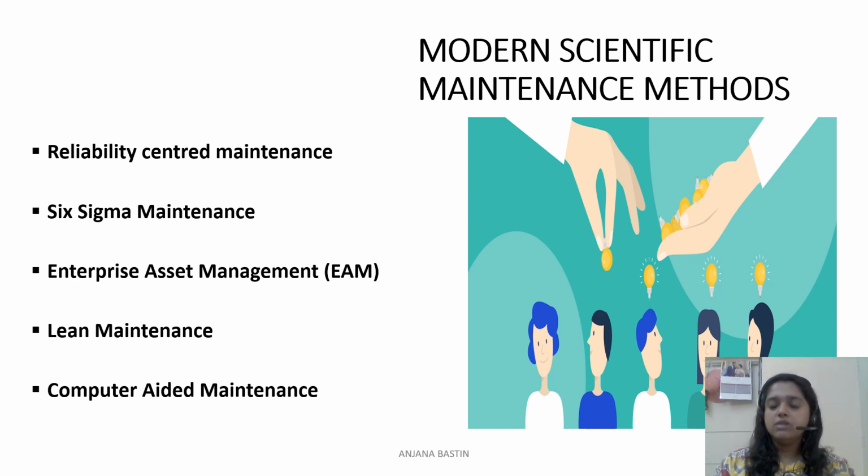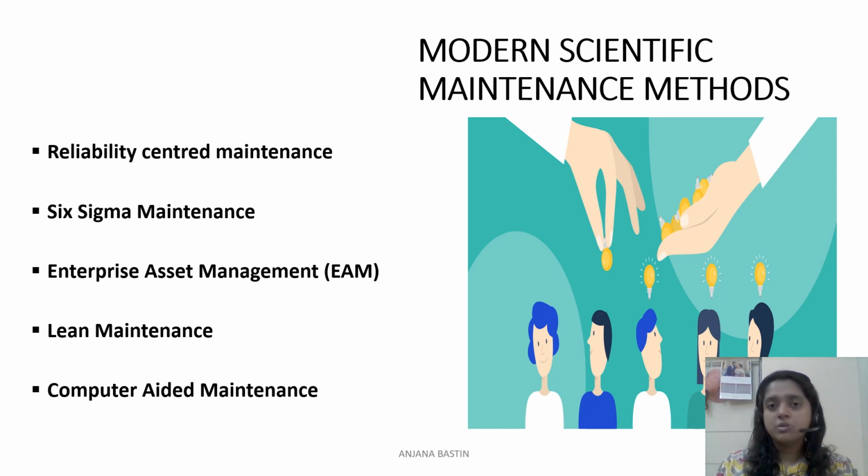Lean maintenance is where you try to identify waste. In waste management we would be learning about scrap, disposal, surplus, residues and many other things. What it means is that we have different waste which is generated in maintenance.